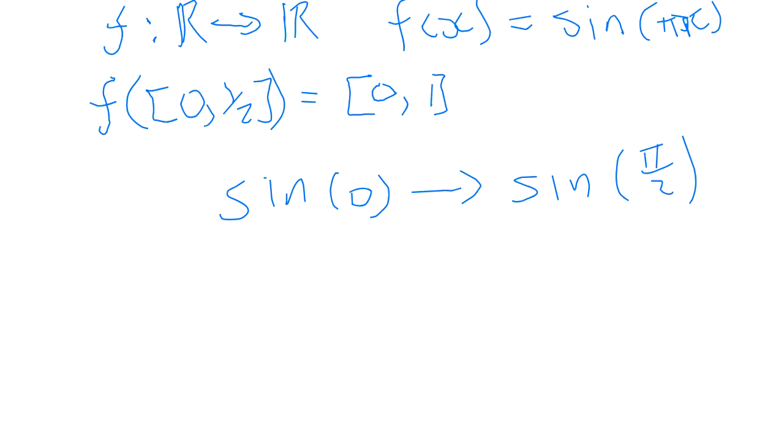If we had increased the domain a little bit, you would have gotten to include negative numbers in the domain, and then the negative numbers would be included in the range. But since we limited it from 0 to half, it doesn't go below 0. And of course, it can't go above 1 for the range.